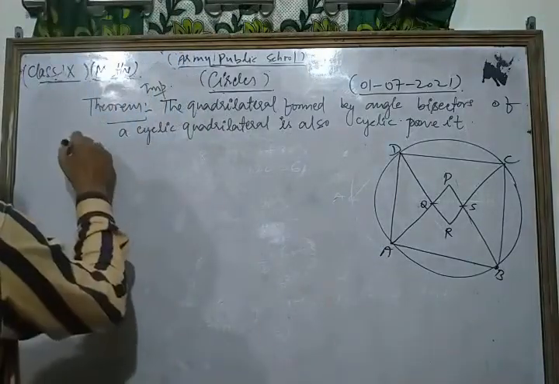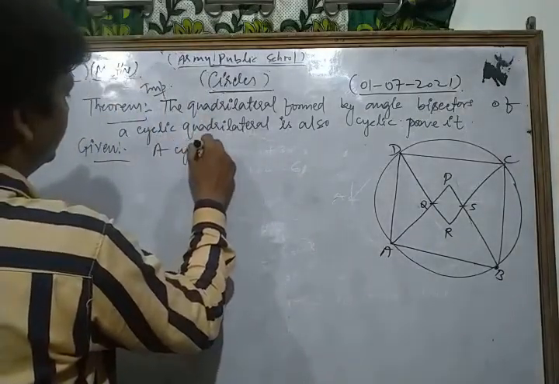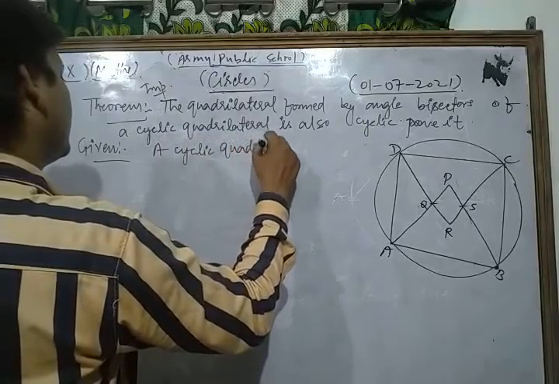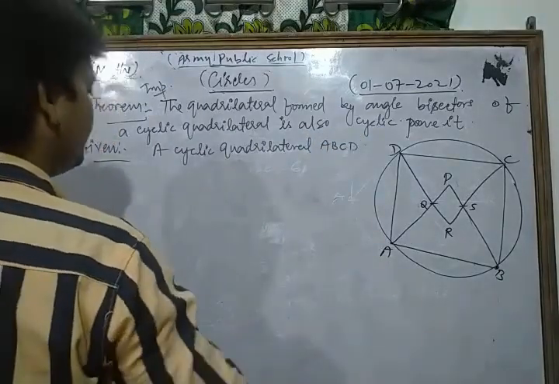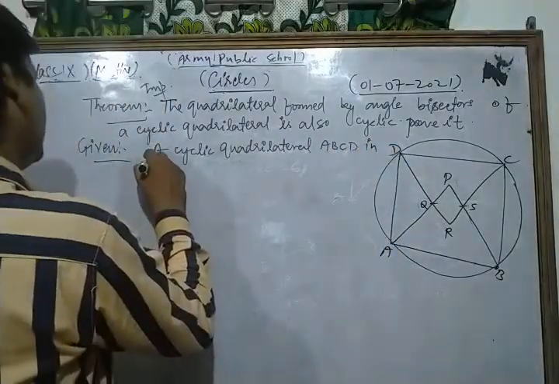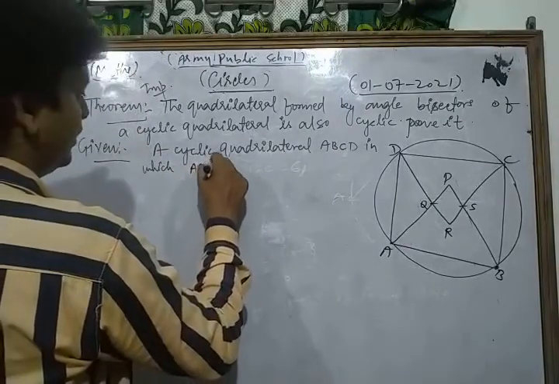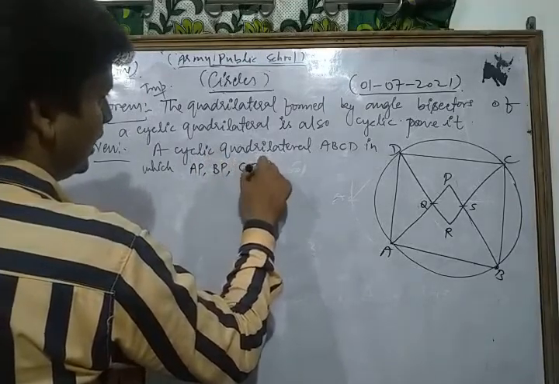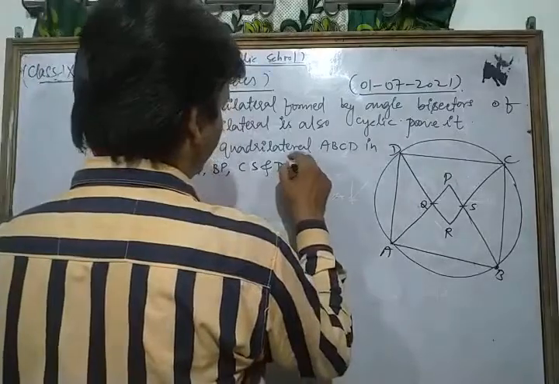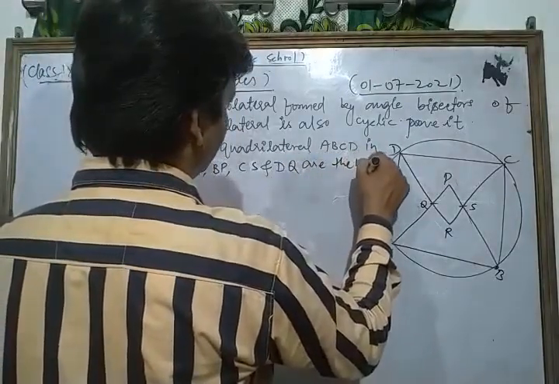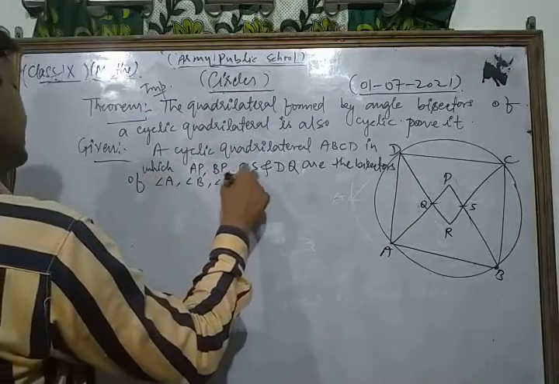Let's see. First of all, we write the given. Given, dear students, a cyclic quadrilateral ABCD in which AP, BP, CR, CS and DQ are the bisectors of angle A, angle B, angle C and angle D respectively.